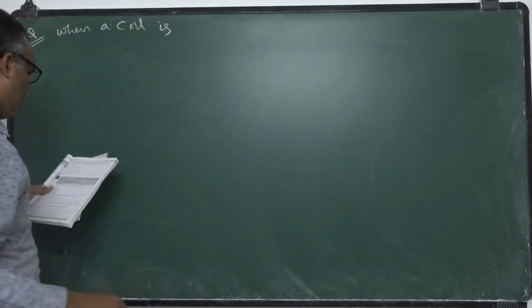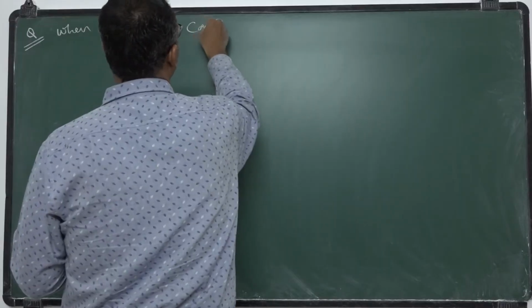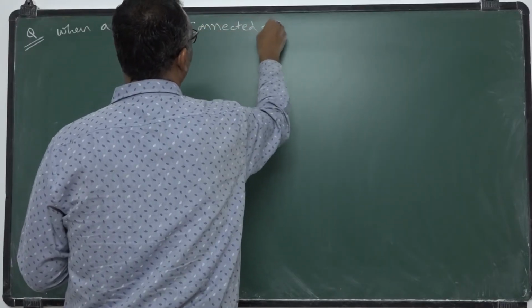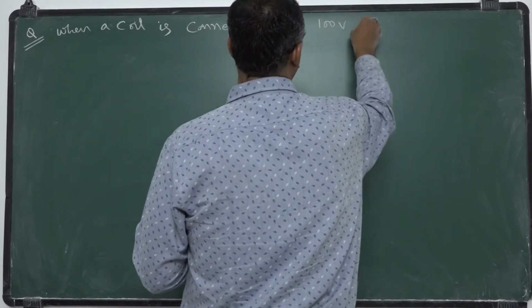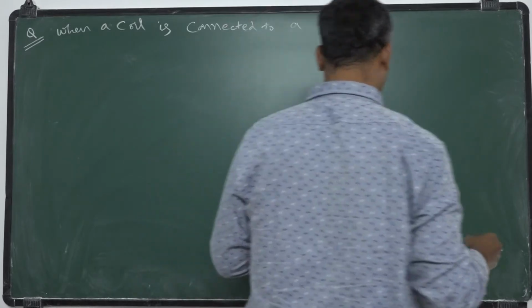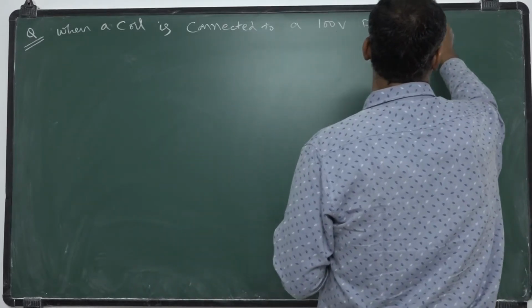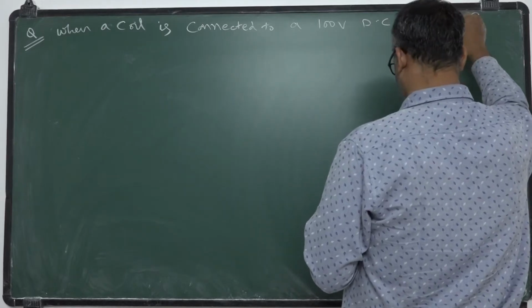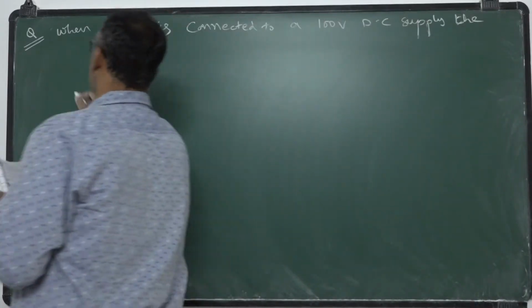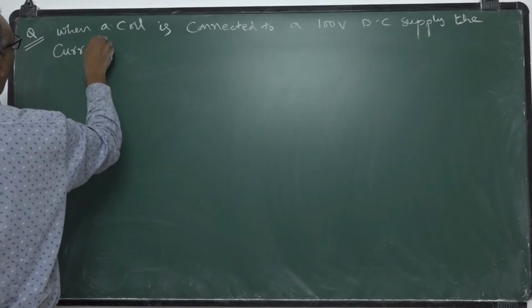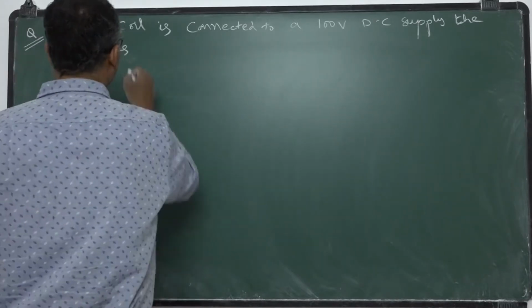For example, you see this question. As per the question, when a coil is connected to a 100 volts DC supply, the current is 2 amperes.